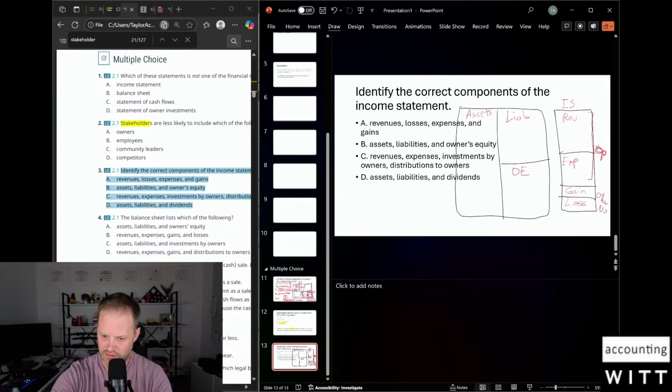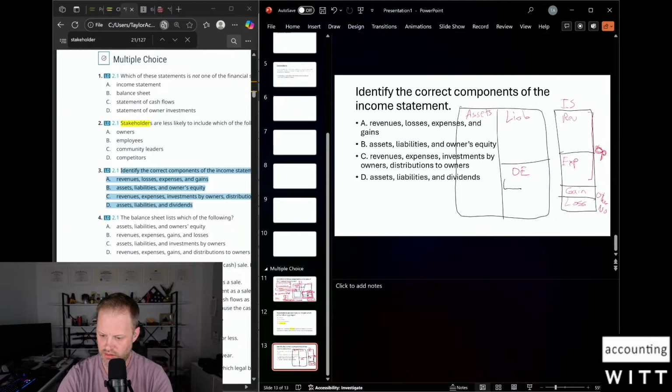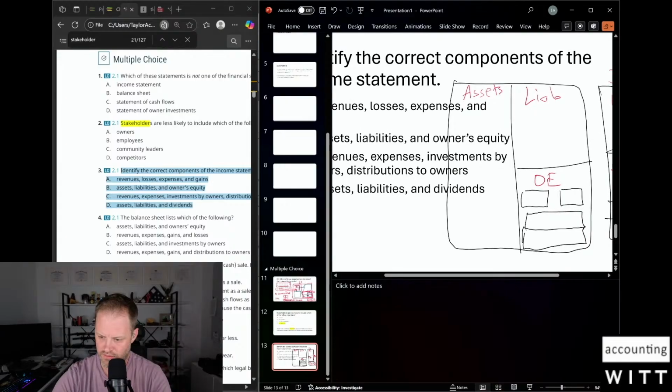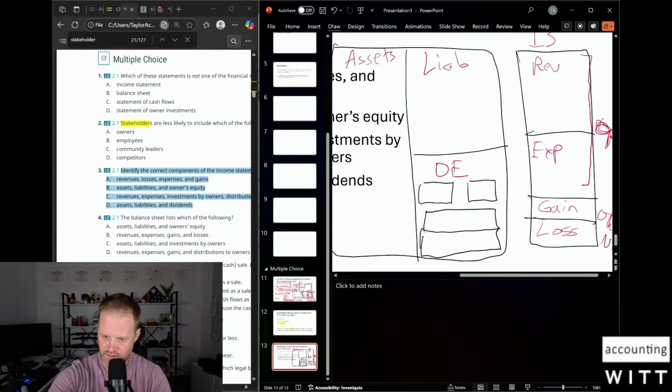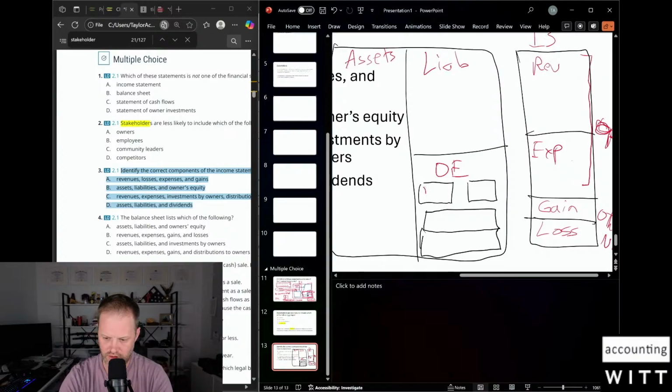So inside of owner's equity, I'll show it like this, where we'll have, I'll call them distributions or dividends.